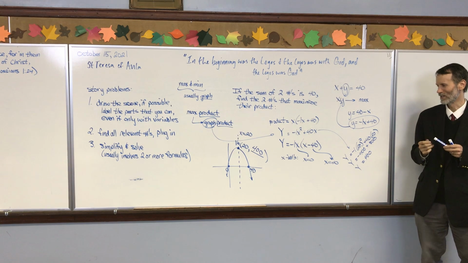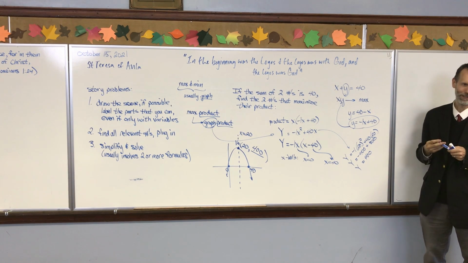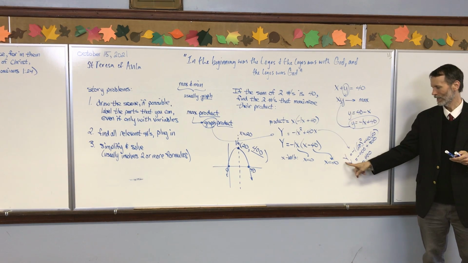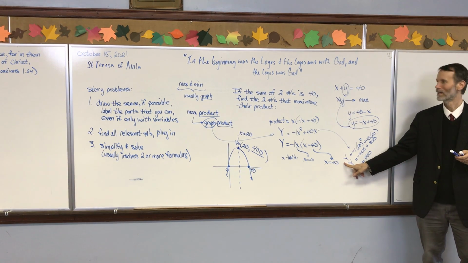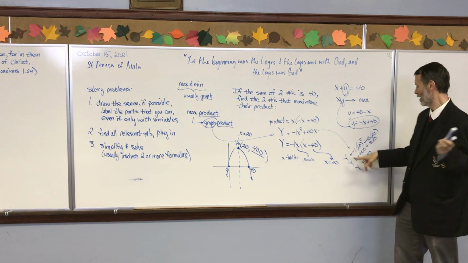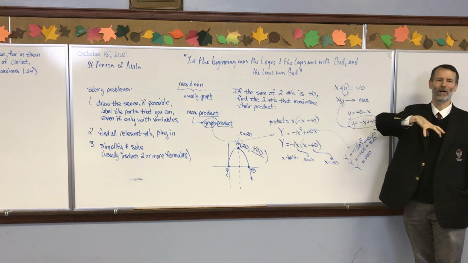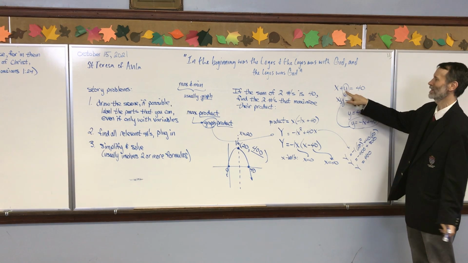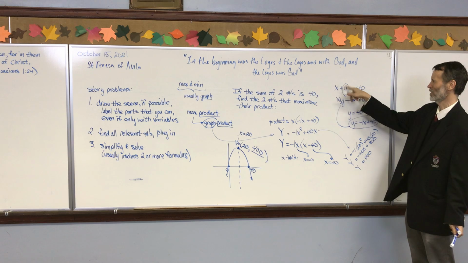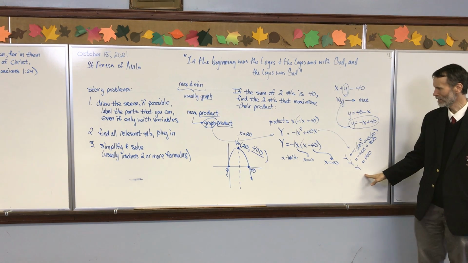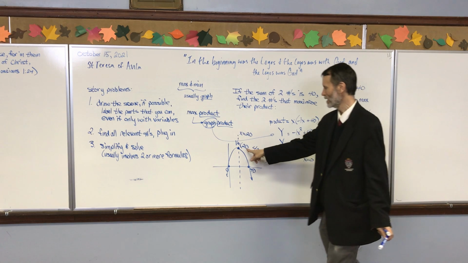Why would I be so mysterious? Why just leave it alone? This Y and this Y are two different things. This Y is just the mystery second number. This Y is the artificial one I brought in for graphing, because Y equals means graph. But it's not the same as this. That's kind of why I wish I had done A plus B or something. But as long as I have this, can somebody tell me what this represents?